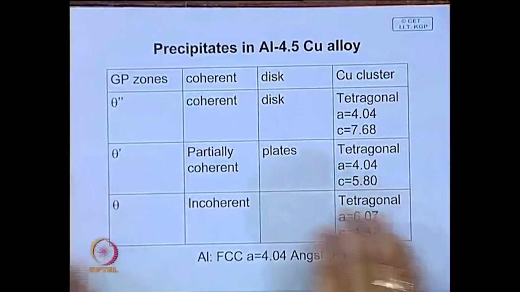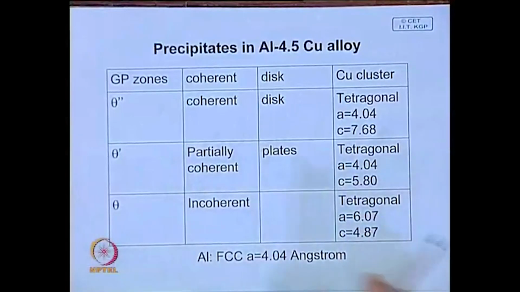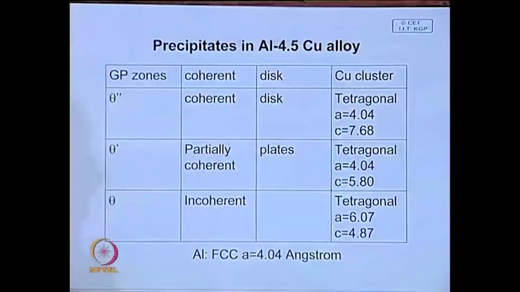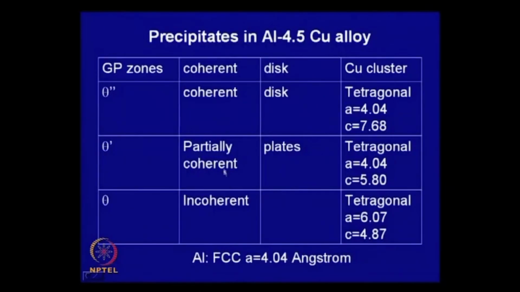Now, if you look at this table, which gives the lattice parameter of the different phases we talked about, and maybe you can look at the computer, here it will be clear which are listed. GP zones: the type of precipitate is coherent and its shape is that of a disc, and it is just a copper cluster.